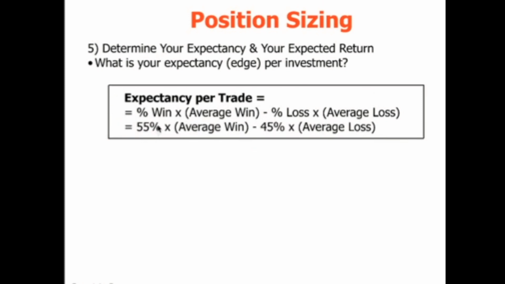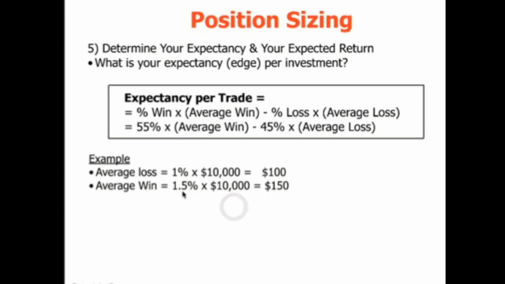So let's take an example. Let's imagine you risk 1% per trade, and 1% of $10,000 is $100. So you are risking $100 per trade, and your average loss should be $100. Your average win should be 1.5% times 10,000, which is $150, because you are risking 1 to make 1.5.